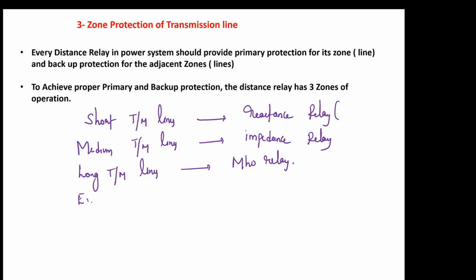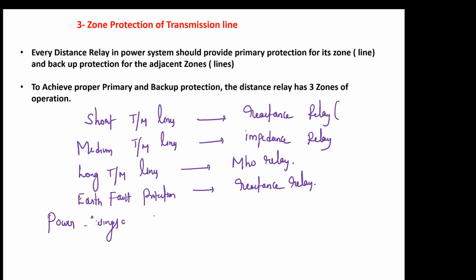For earth fault protection, we have to use reactance relay because its operation is independent of the earth resistance. If power swings are severe, we need a relay that is not affected by power swings, that is Mho relay. If arcings are severe, we need a relay that is not affected by arc resistance, reactance relay.